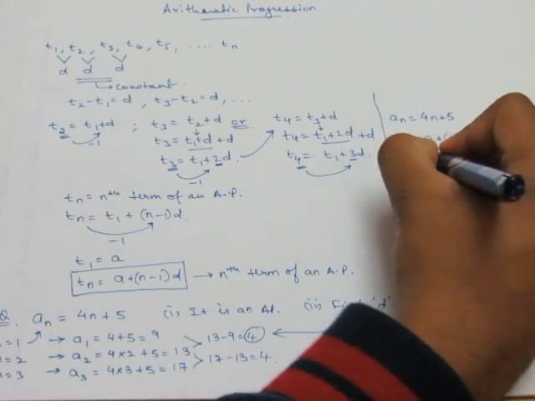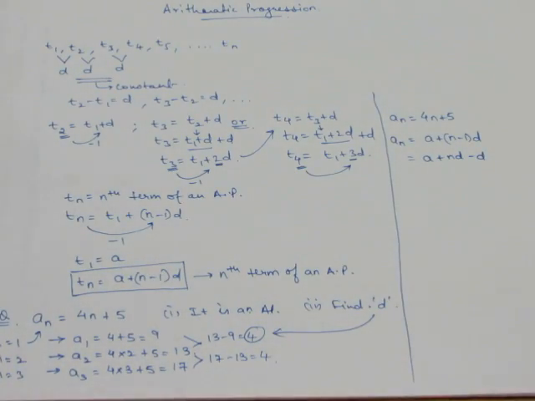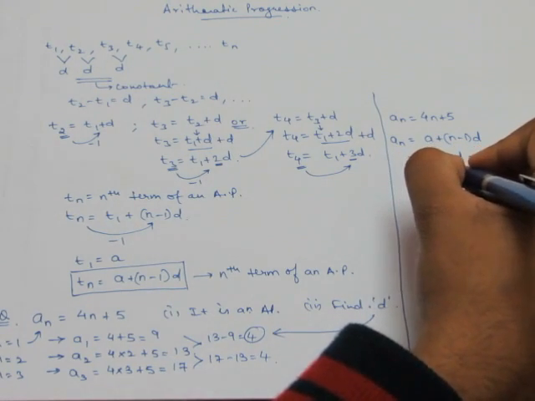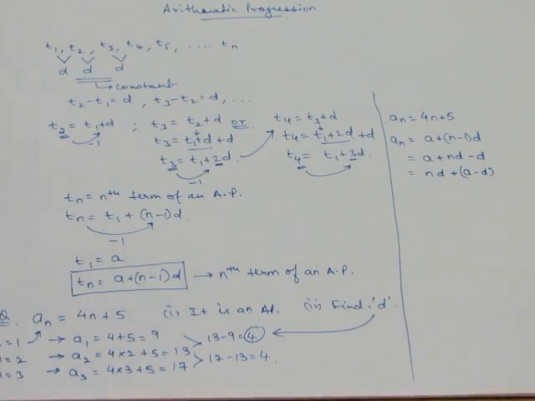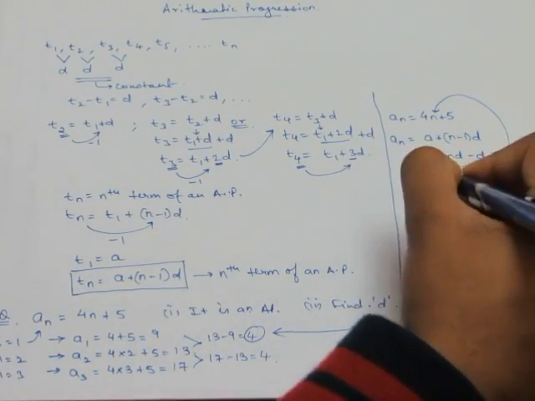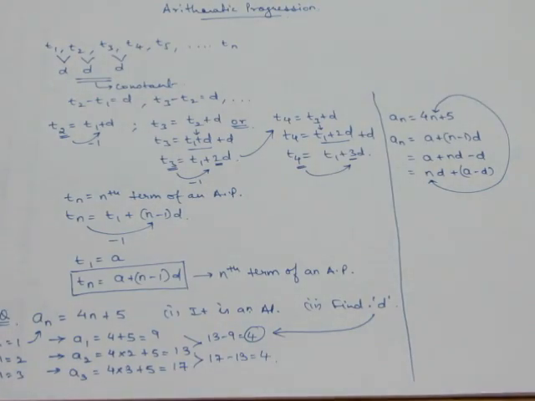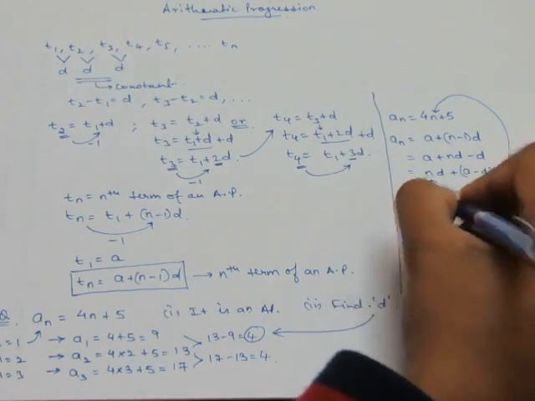Let's open it. We get a plus nd minus d. Right? Or we can rewrite it as nd plus a minus d. Now we compare the coefficients. The coefficient of n in this equation and the coefficient of n in this equation has to be d. So what we get, d equals 4.